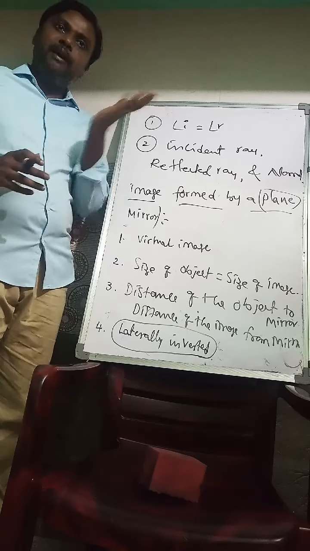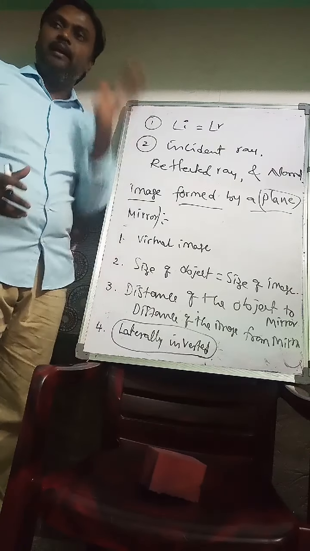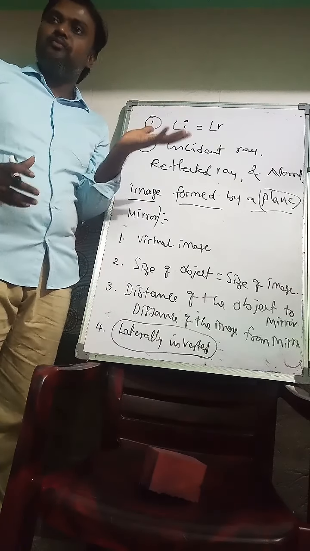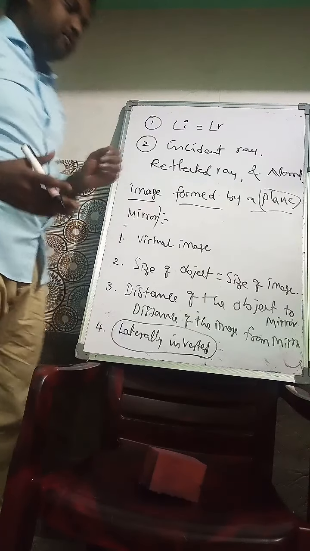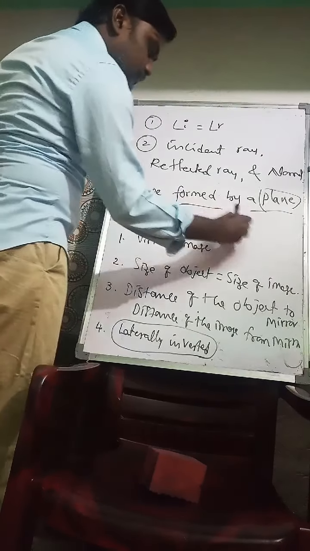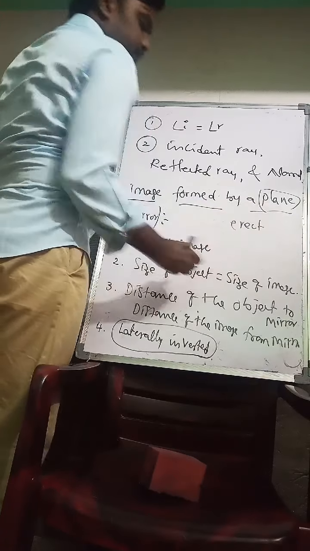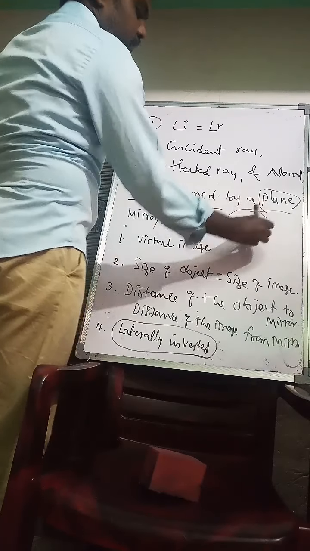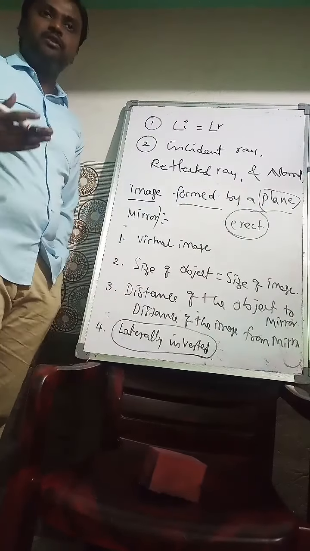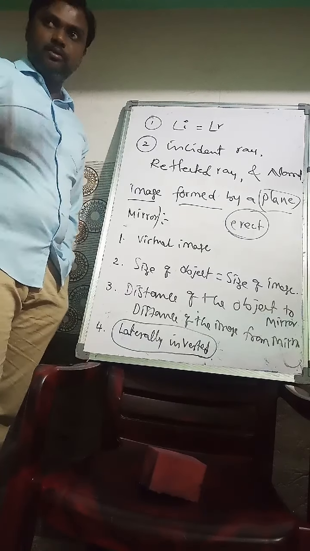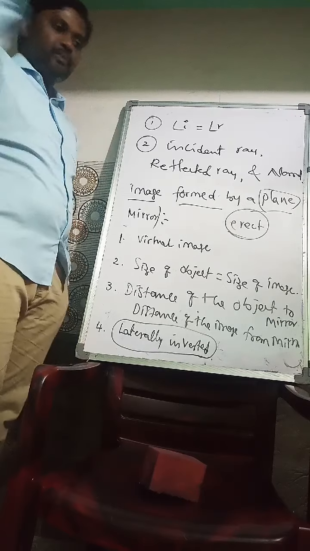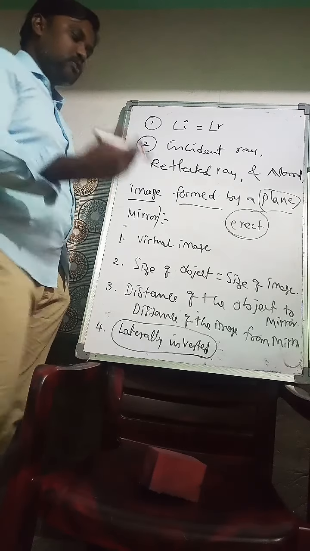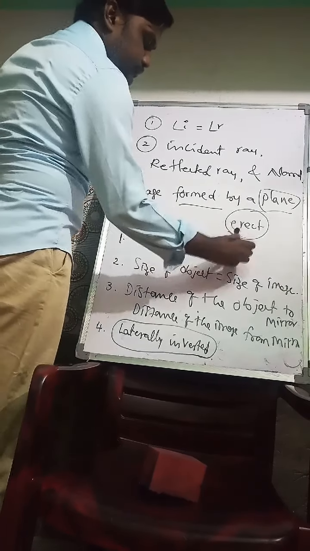Here up will be up and down will be down, the top side of the object will seem as the top side of the image only. That type of image is called an erect image. If your legs were up and head down, that would be called inverted.